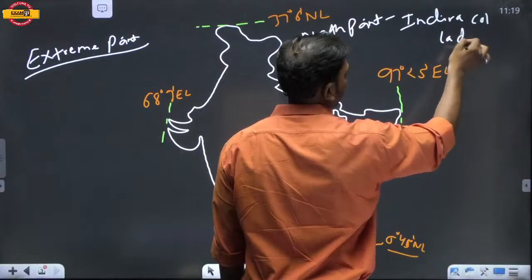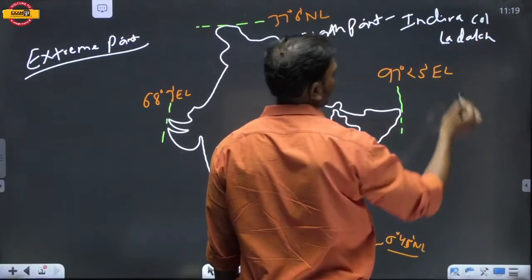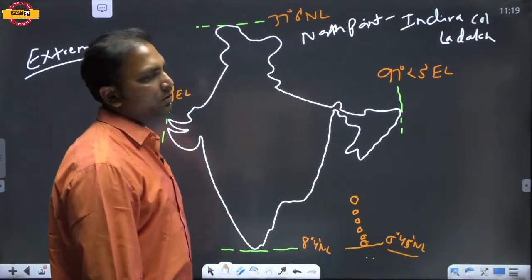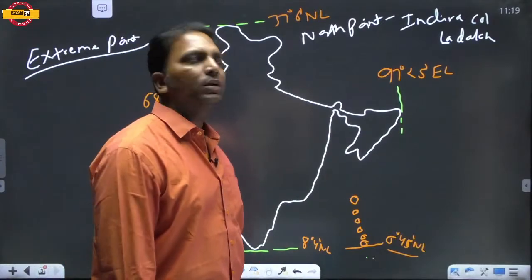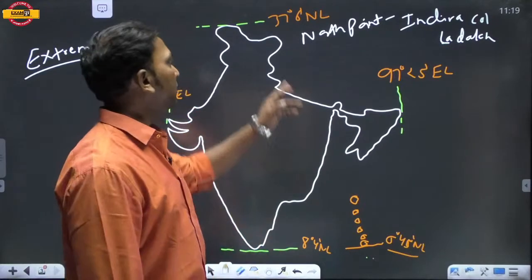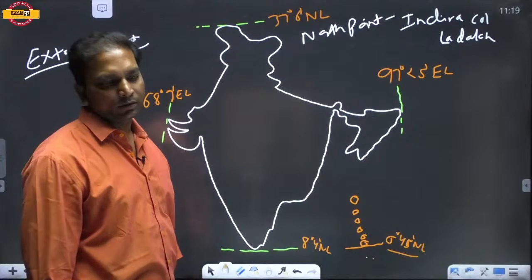Indira Col, Ladakh. But this one is also disputed. Indira Col comes at 35 degrees 39 minutes north latitude, not at 37 degrees 6 minutes north latitude.